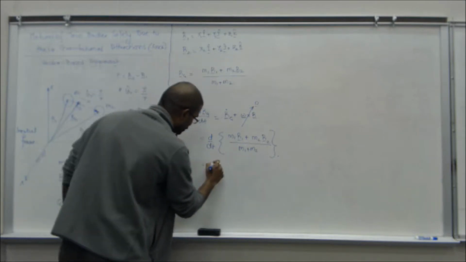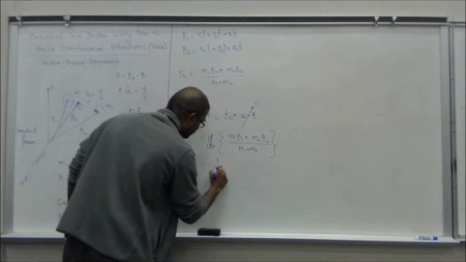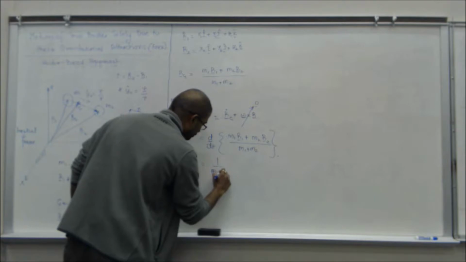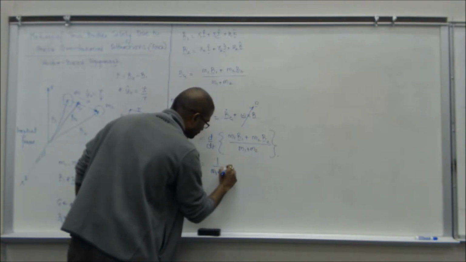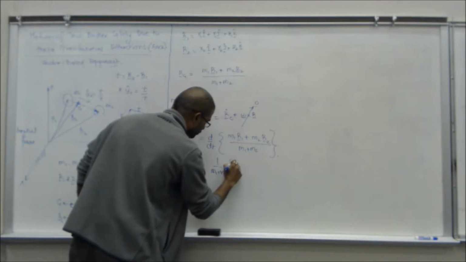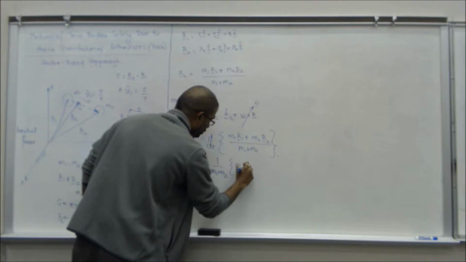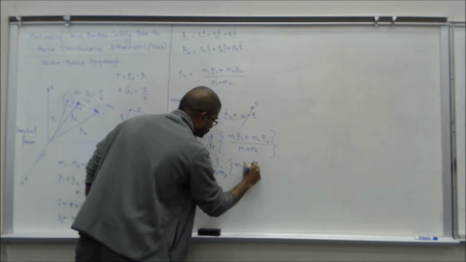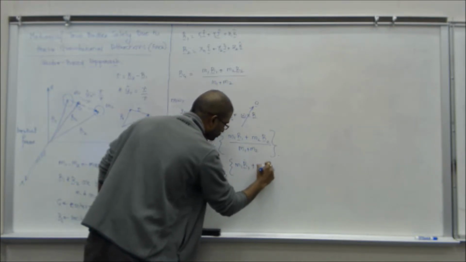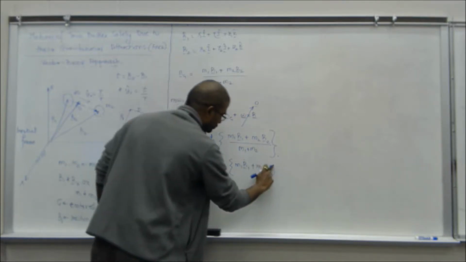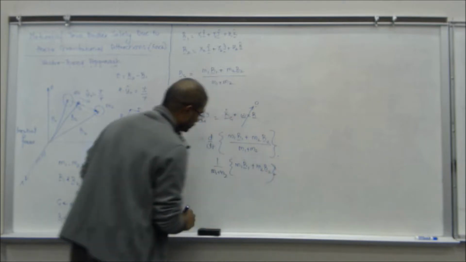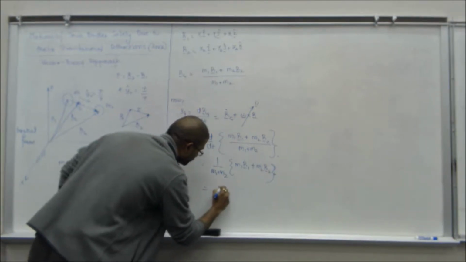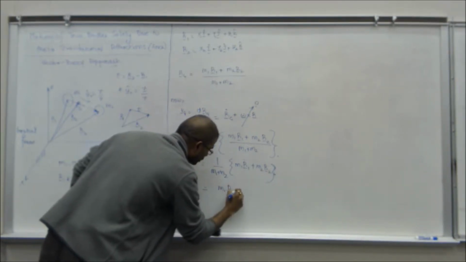So you just have 1 over m1 plus m2, times m1 r1 dot plus m2 r2 dot.